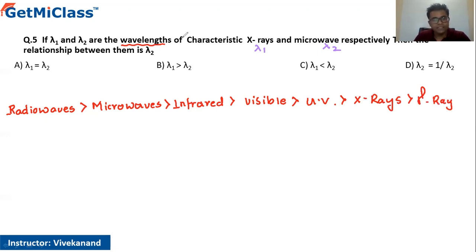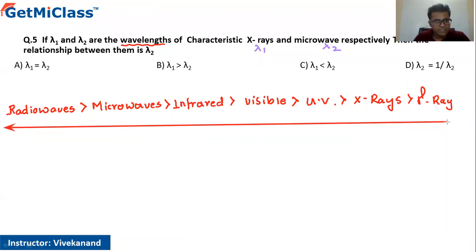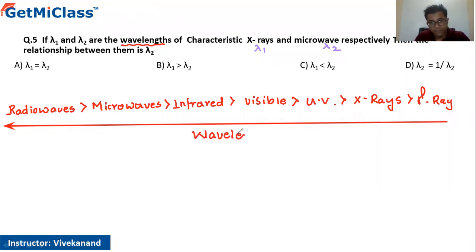So this entire scenario that we are observing is on the basis of the wavelength. On the basis of wavelength, here is a point where we have the microwaves, because they have asked us about the microwaves, right?